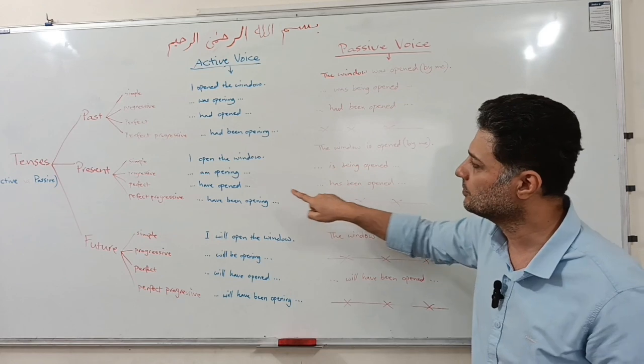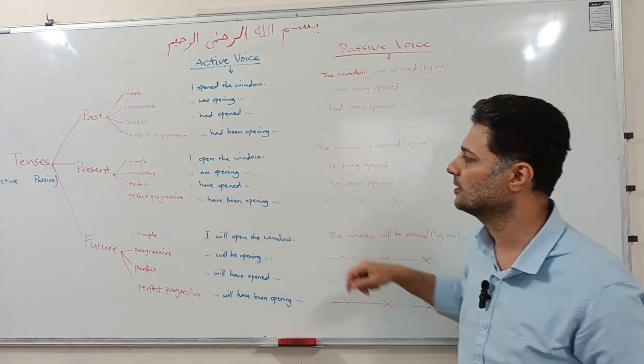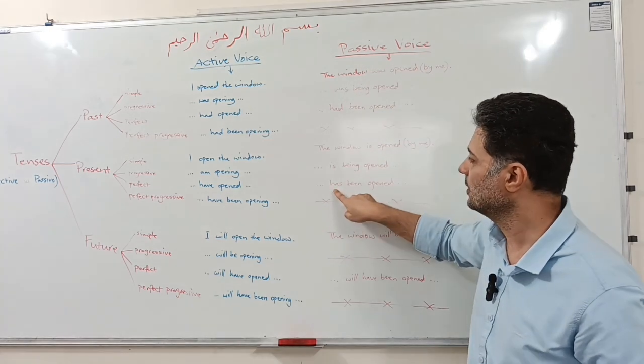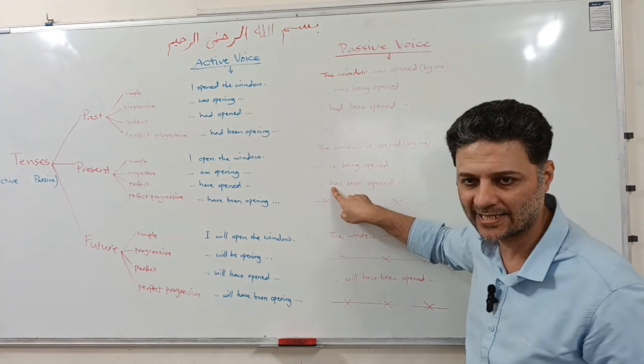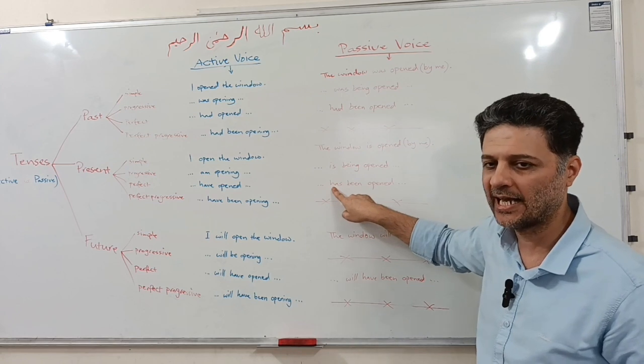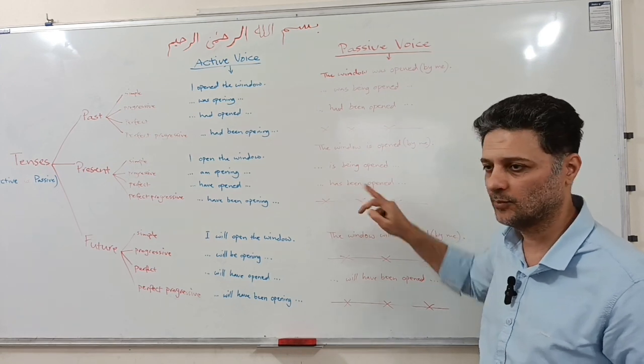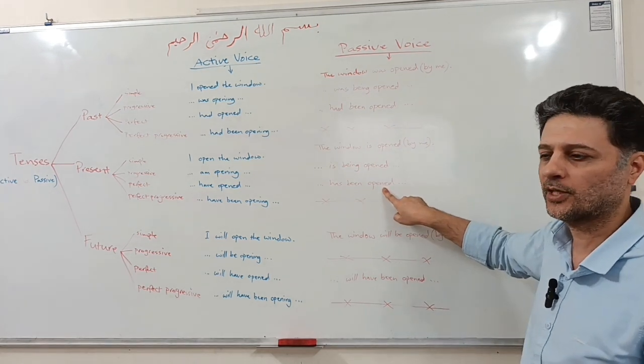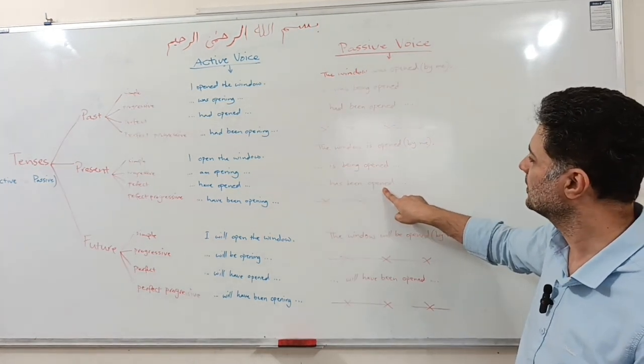Then what we have is present perfect tense, but the passive voice, we use have or has, plus been, which is the fixed part, and then the PP form, okay?